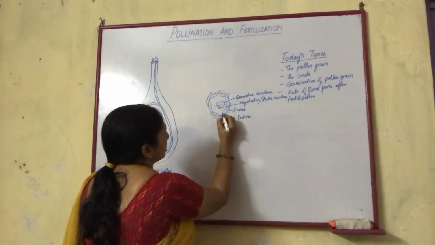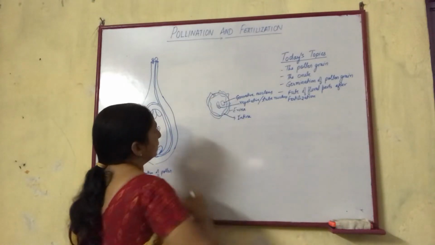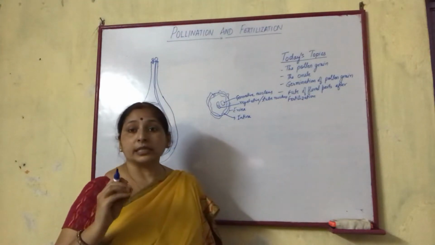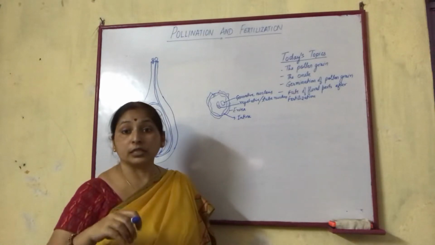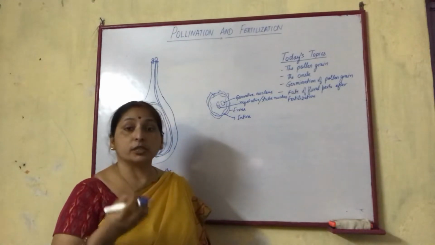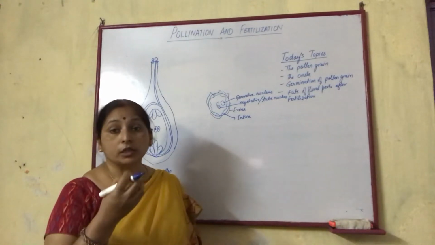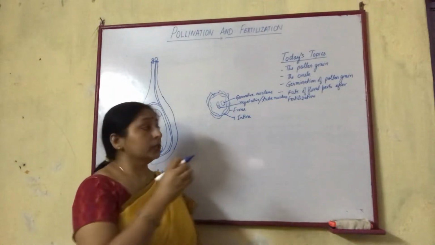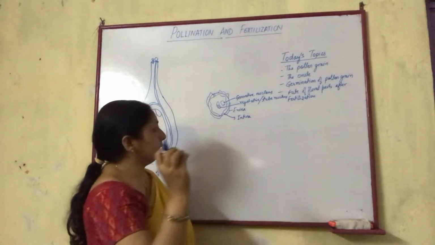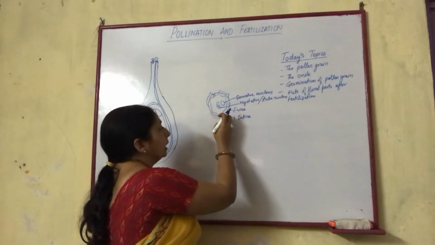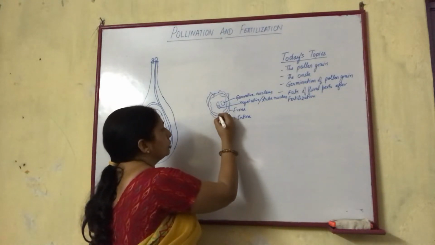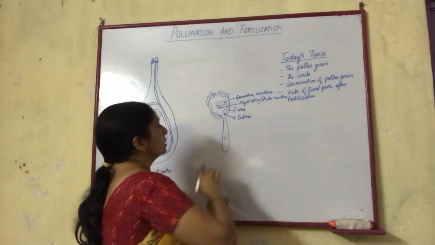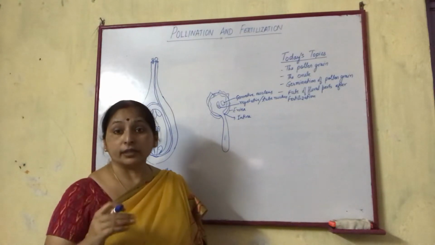Here you can see some gaps are present in the intine as well as in the exine region. When the pollen grains fall on the stigma with the moisture, the water and sugar, the pollen grain swells up from the intine, the exine bursts, and from the intine the pollen tube germinates like this, having the two nuclei, the generative and the vegetative nucleus.